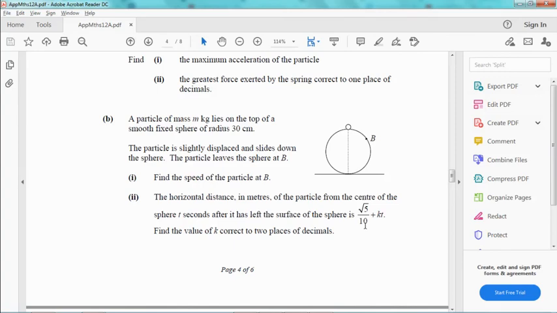So it's root 5, so the total distance s1 plus s2 is equal to root 5 over 10 plus kt. We think that that's 14/15t. Perfect. Find value of k to 2 decimal places. 0.93 is equal to k.